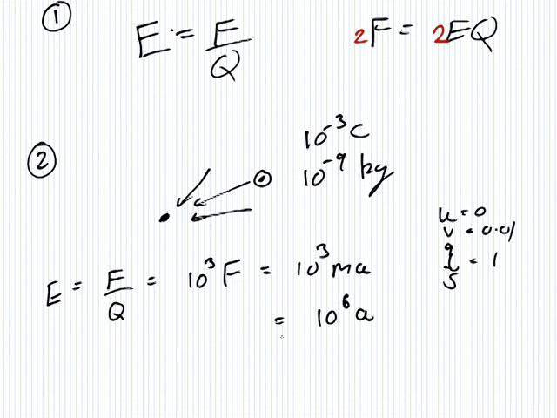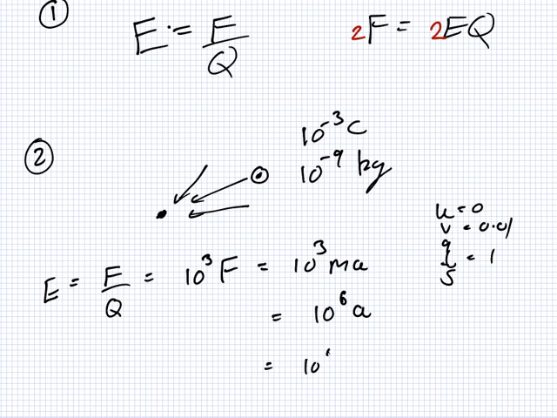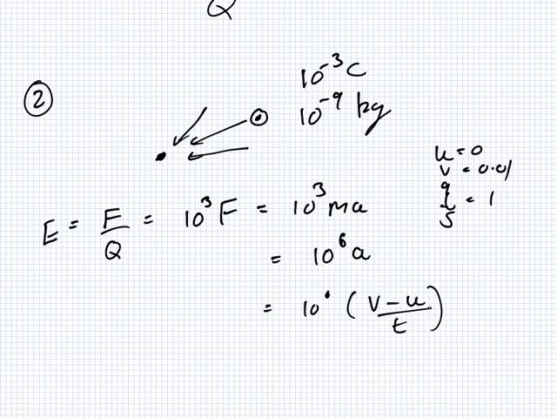Yeah. A is V minus U over T. Well, the U is 0, and the T is 1, so it's 10 to the 6 times 0.01, which is 10 to the 4.